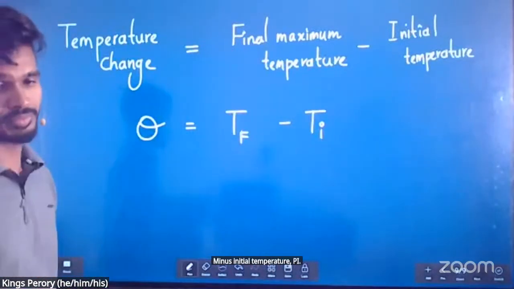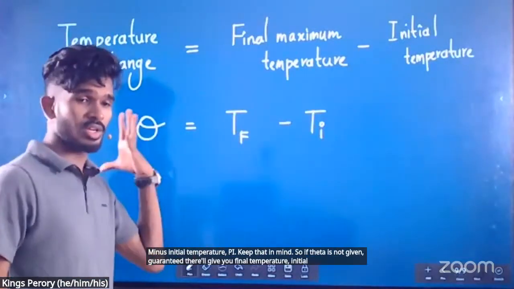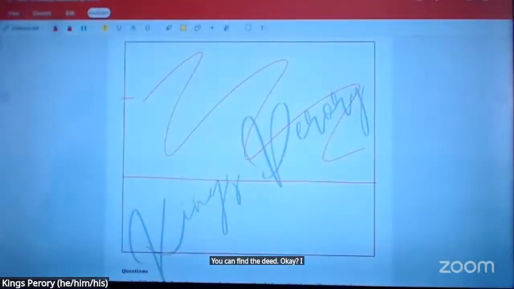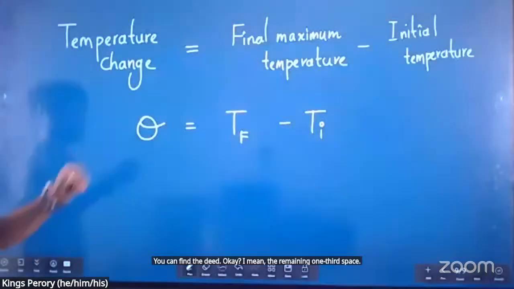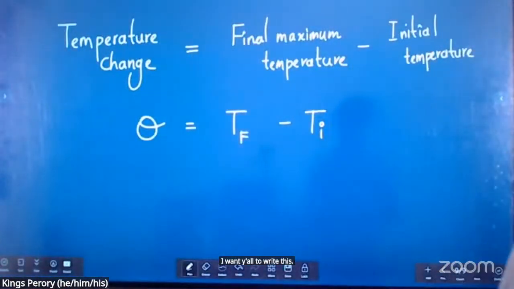Keep that in mind. So if theta is not given, they'll give final temperature and initial temperature, subtract, and you can find the theta. In the remaining 1/3 space, I want you all to write this.